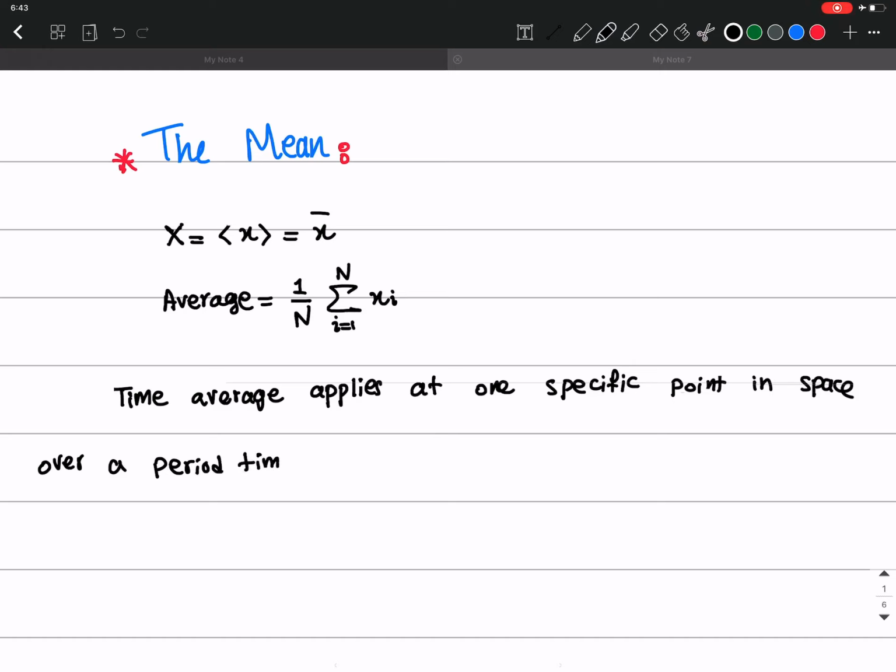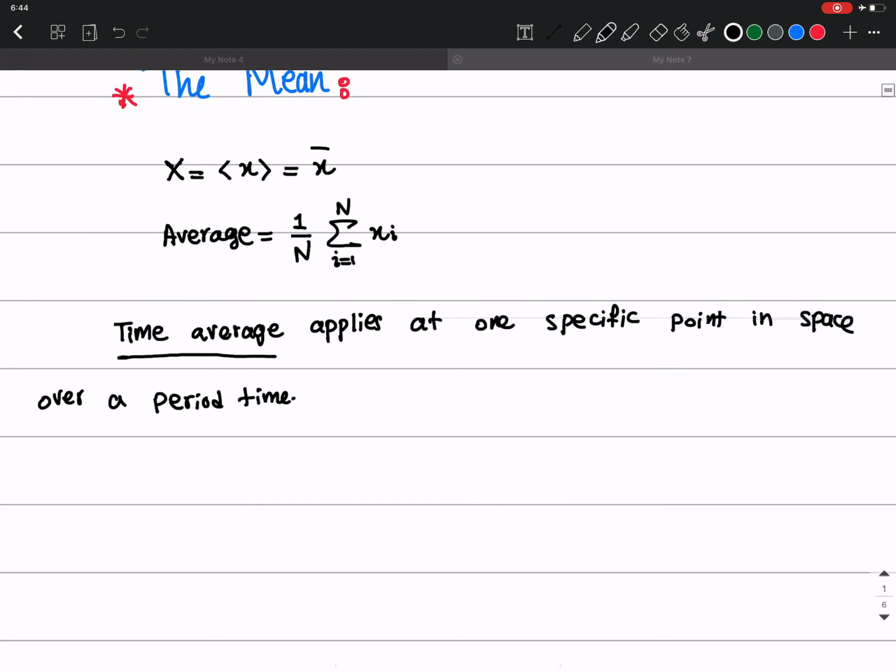So what you actually do, you take a specific point in space and then take this average in time. So these will be different realizations in time for just one specific location, okay? So let's look at some example.